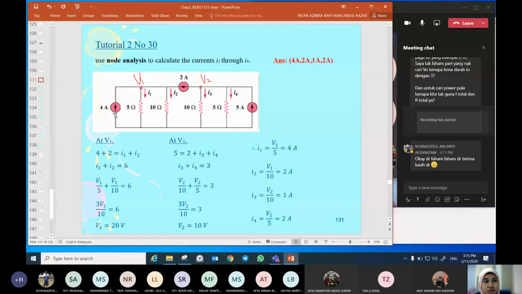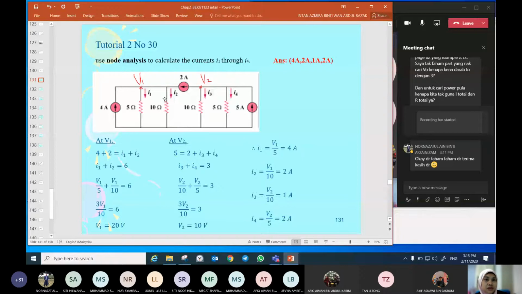In this question, you do not need to assign the arrow for each current because it has been provided by the question. I1 goes to ground, I2, I3 and I4 go to ground.